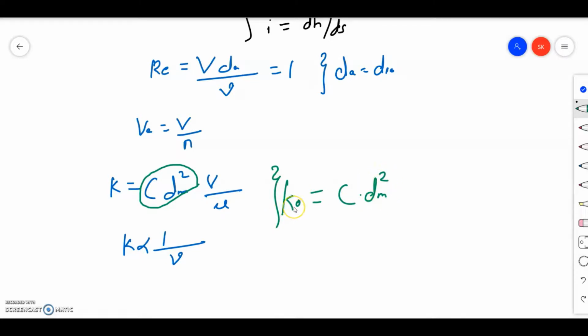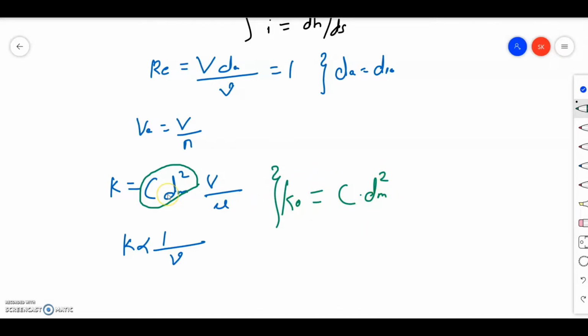K naught is also permeability, but there is a difference between this coefficient of permeability and this intrinsic permeability, or we can say specific permeability, because permeability can be dependent on the type of the porous medium and even the properties of the fluid. So this K naught basically represents the properties of the porous medium, not properties of the fluid. So in this way we can calculate the K naught.